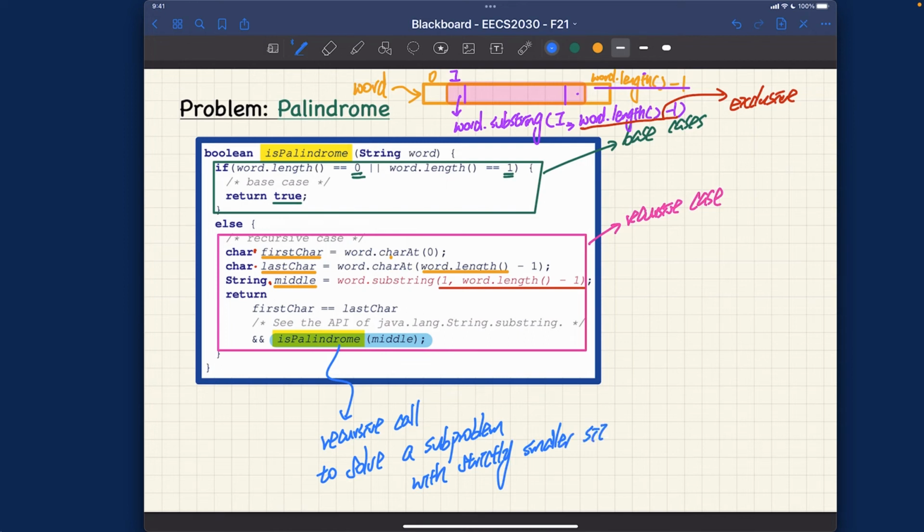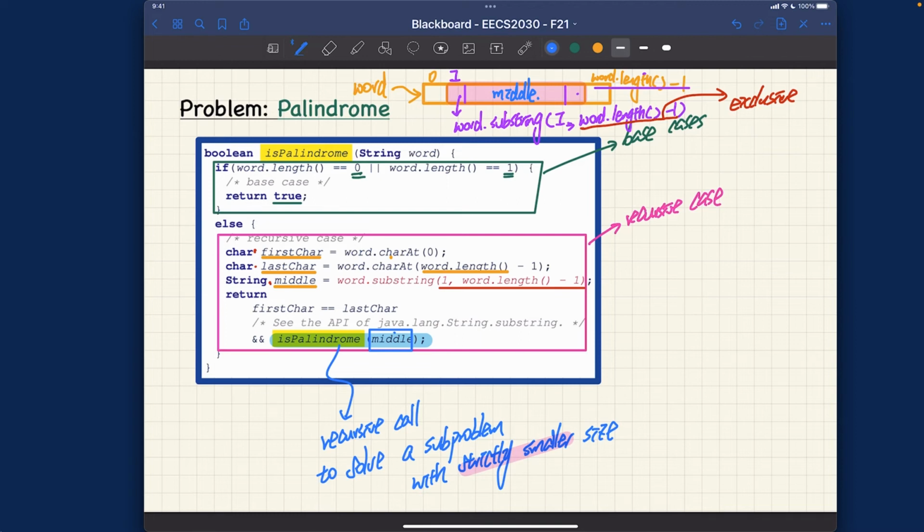It's really important to notice that it's strictly smaller. That's really the key word. Otherwise, you get infinite recursion, as we said before, as a common error. And the middle over here is really important. The middle is simply this guy here, right? And that decides whether the middle is a palindrome or not.